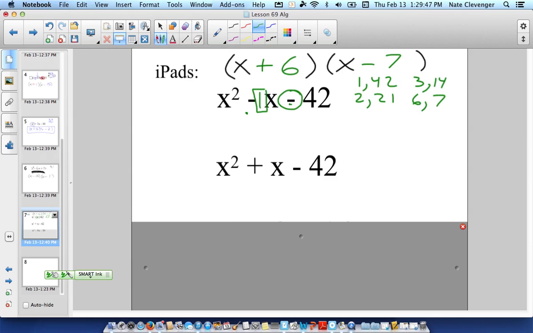Ignore the first sign. If this is negative, then the signs are different. If they're positive, they're the same. No, you've got it backwards, because the bigger number goes with the sign of the first number. See it? Yes, good. So most everyone had that.